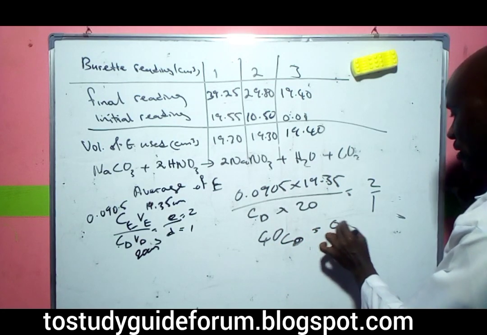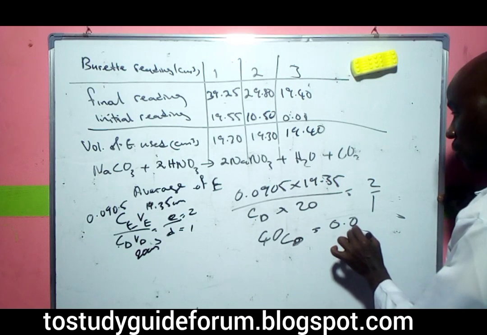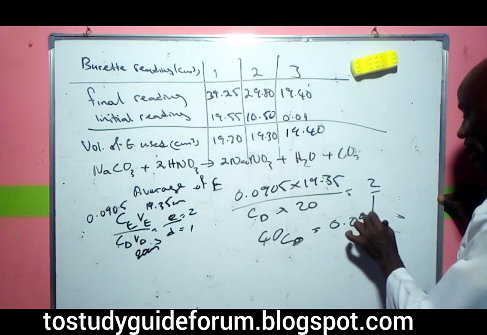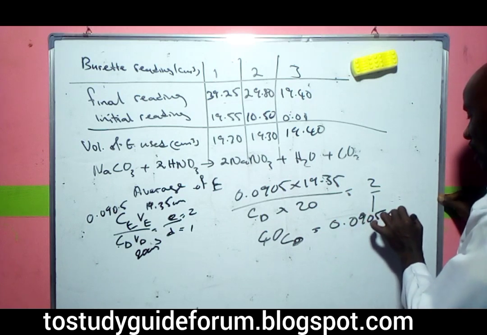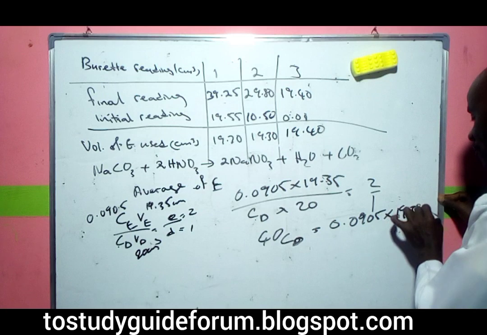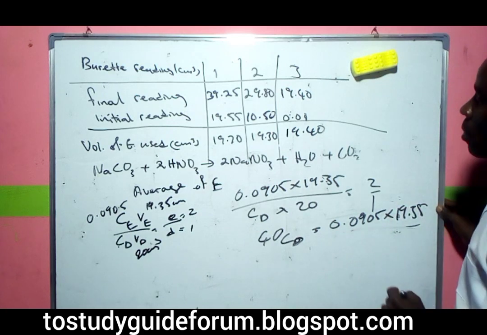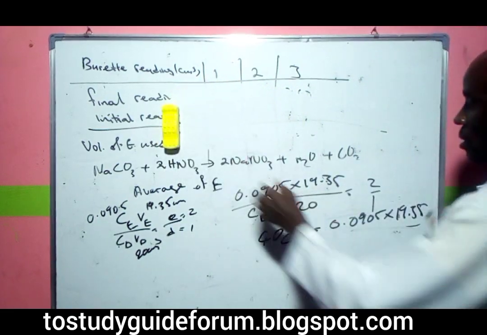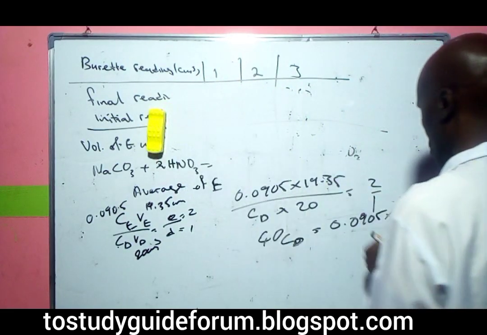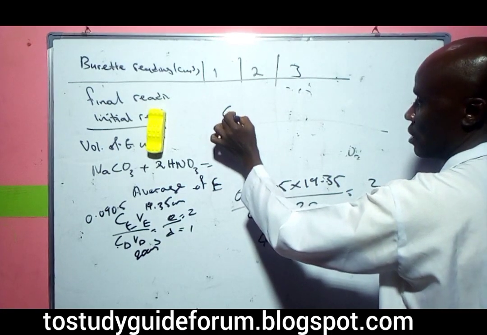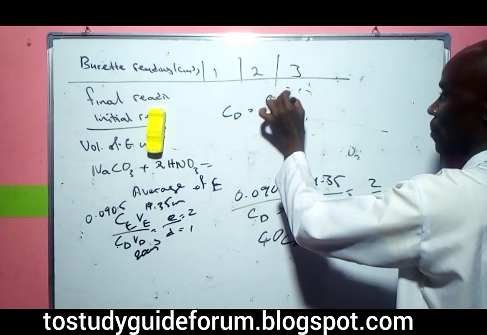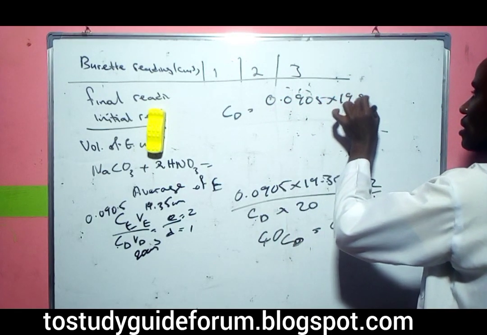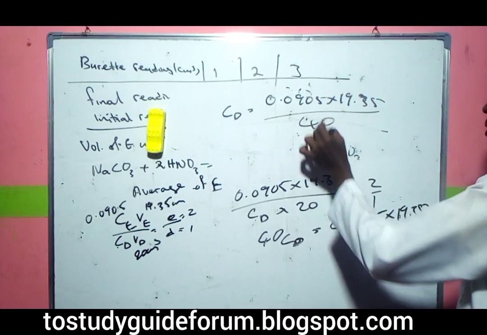C_D equal to 0.0905 times 19.35. So if we go ahead, what we have here will be C_D equal to 0.0905 times 19.35 all over 40.